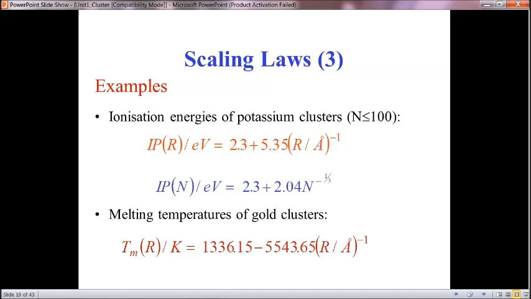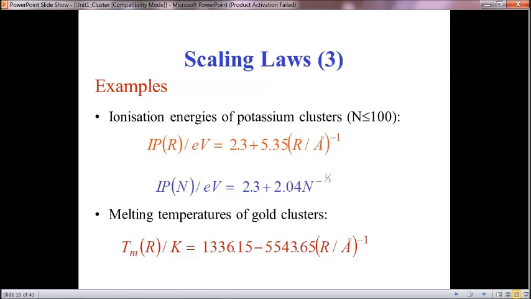The ionization energy based on number of nanoparticles, per electron volt, is equal to 2.3 plus 2.04 into n to the power minus 1 by 3. The melting temperature of gold clusters will be taken as T suffix m of R per Kelvin is equal to 1336.15 minus 5543.65 into the radius per Angstrom unit to the power minus 1.